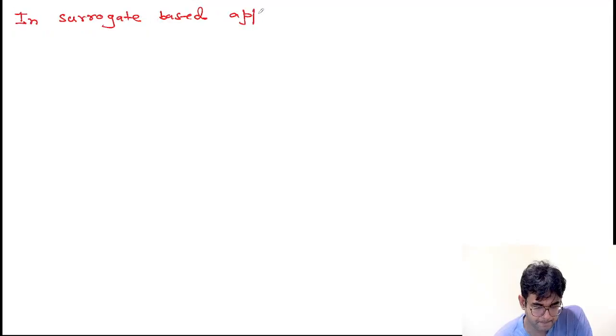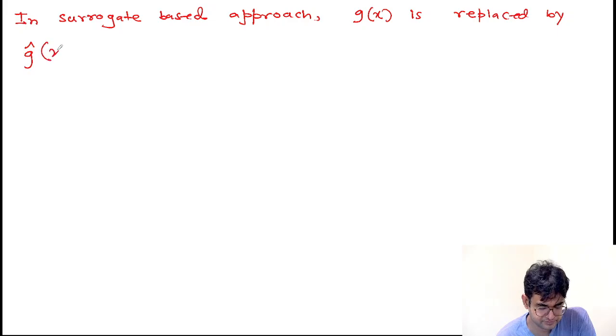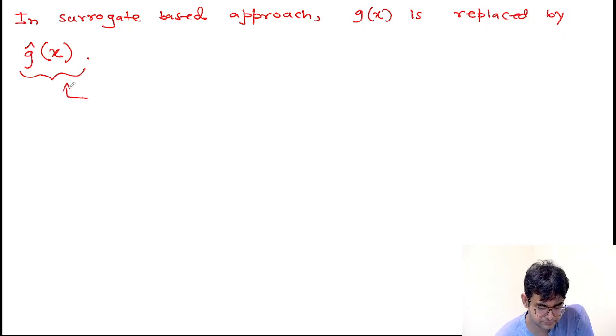So, in surrogate based approach, g(x) is replaced by g hat x, where g hat x is now known as my surrogate model.